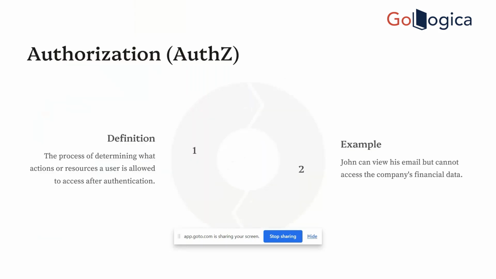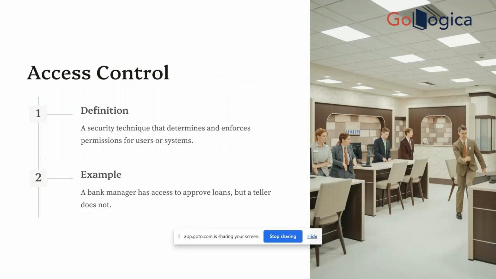Okay, now access control. What does access control mean? Access control basically means a security technique that determines and enforces permission for the users or the system. Like a bank manager has access to approve loans, but a teller does not. Got it? So what kind of access we are supposed to grant to any person comes under access control, a security technique.